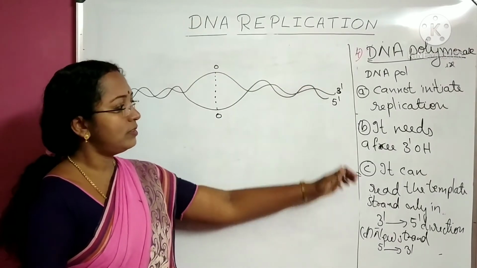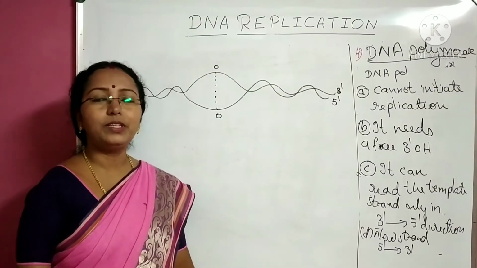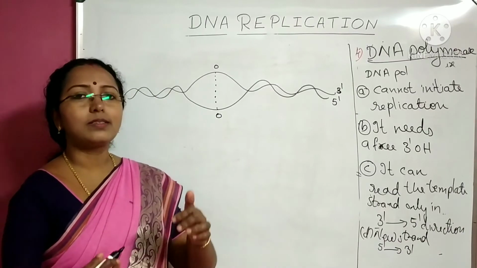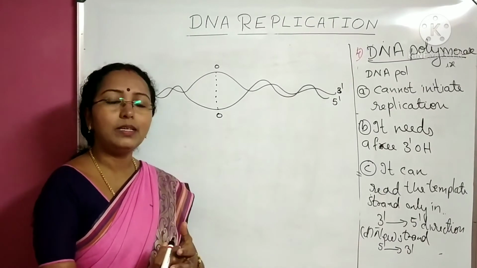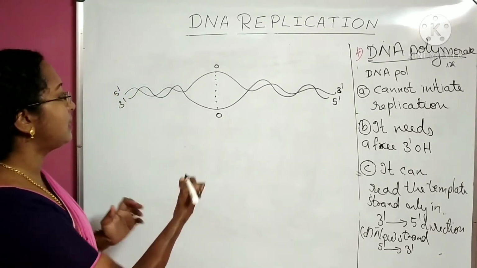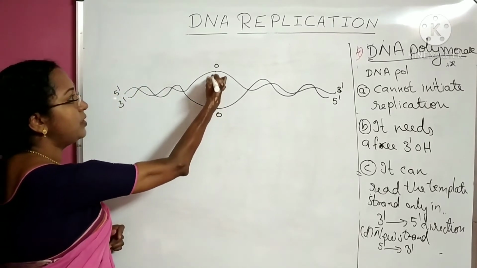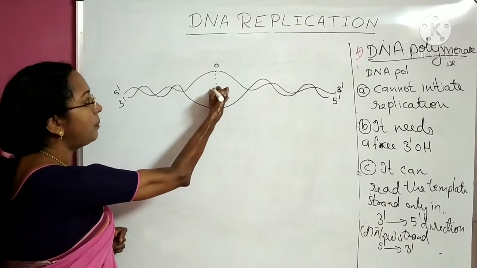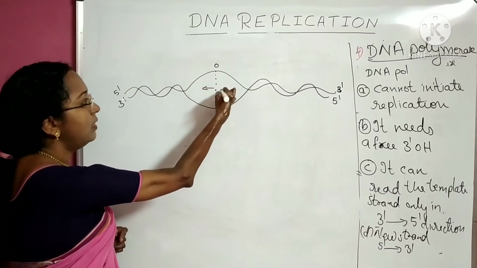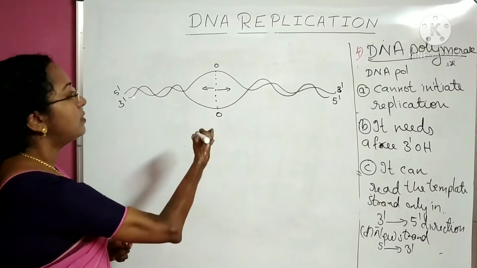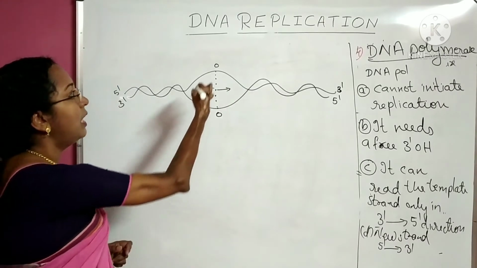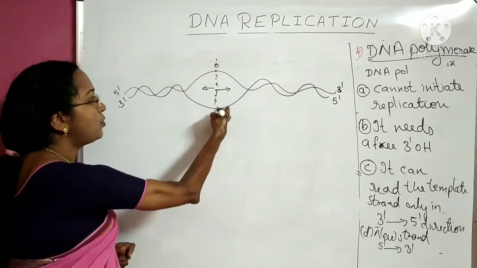We have learned the different features of DNA polymerase. Now let's go deep into how this DNA polymerase is doing the process of replication. As I've told you, always replication is from the open end of the bubble towards the closed side. Here also from the open end of the bubble towards the closed side. To make you understand, I'm just cutting this bubble into 2.